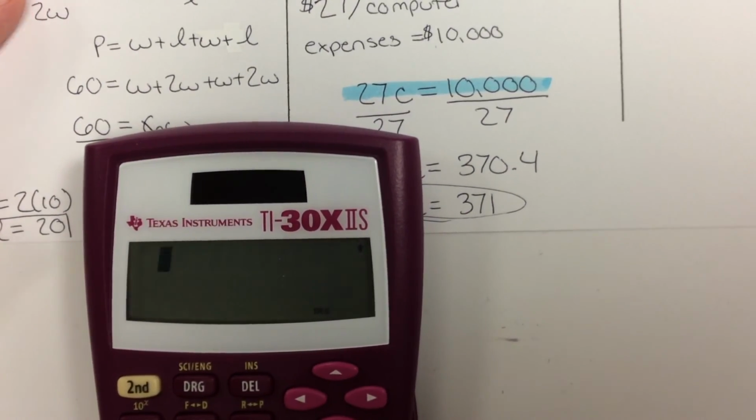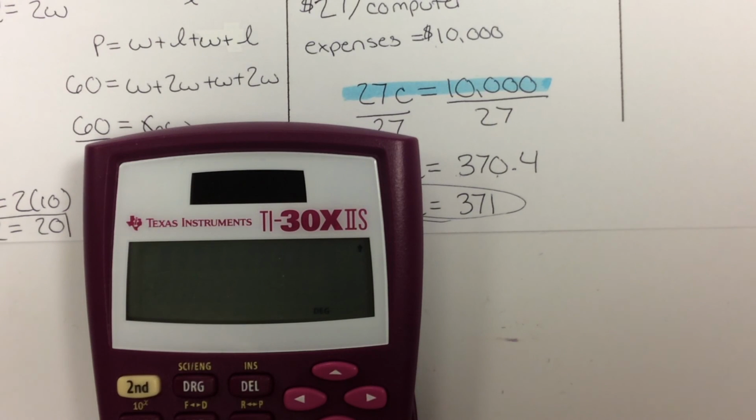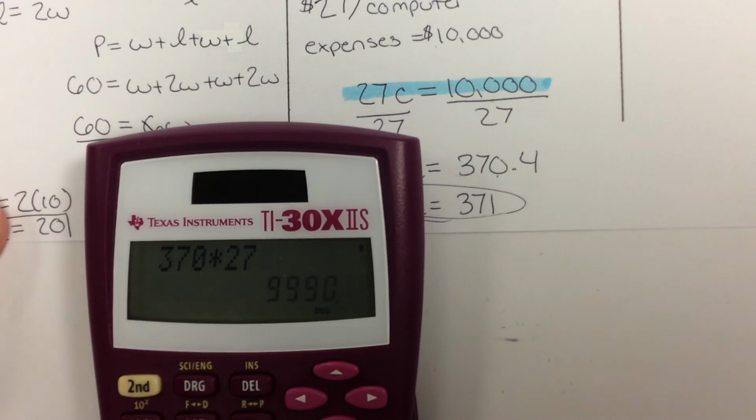Okay, so if we were to say that he only sold 370 and that would make a profit, well, let's check what would happen if we did that. 370 times $27, because he gets $27 for each computer. See, that's not $10,000. That is only $9,990.